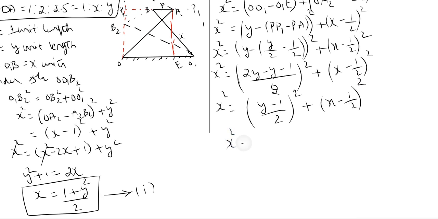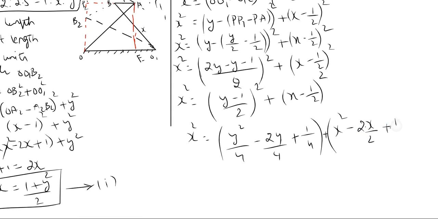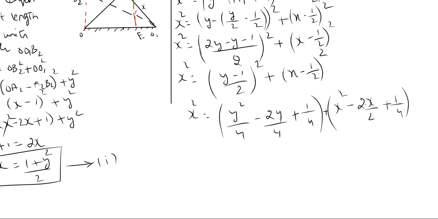Here we will get x square is equals to y square by 4 minus 2y by 4 plus 1 by 4, and similarly this is plus x square minus 2 into x by 2 plus 1 by 4.